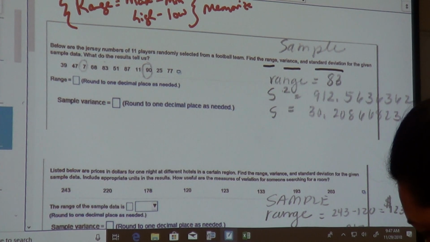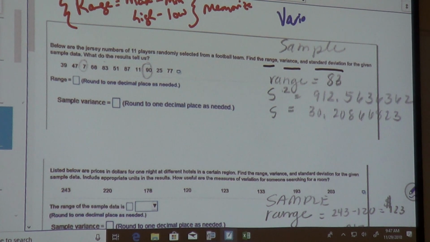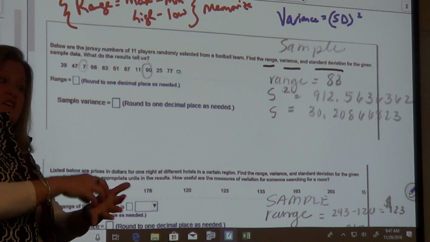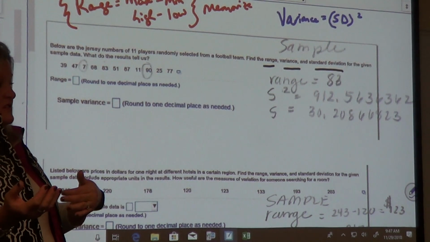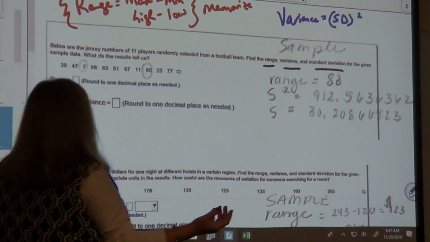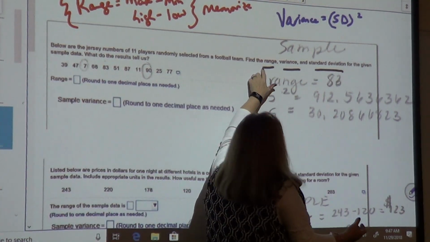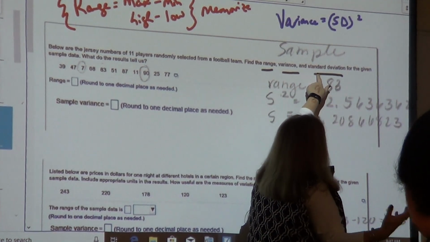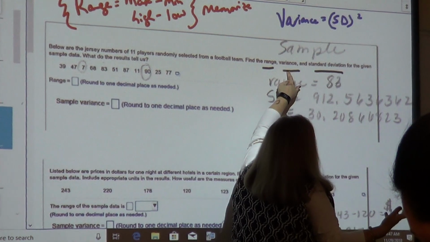Now, you also have variance. What is your variance? Standard deviation squared. So even though they didn't ask us to find standard deviation, we have to know the standard deviation to get the variance. So, for this problem, they want to know the range, they want to know the variance, and they want to know the standard deviation, which they really didn't even have to ask because we got to know it to get this.